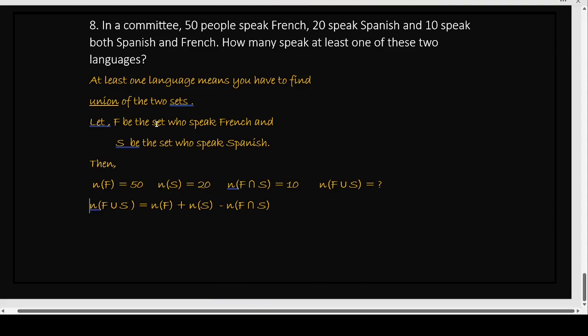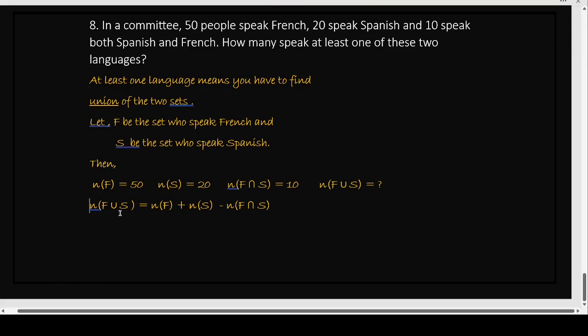Let F be the set of those who speak French and S be the set of those who speak Spanish. Then with the usual set notations, n(F) is 50, n(S) is 20, n(F intersection S) is 10, and n(F union S) is to be found out.